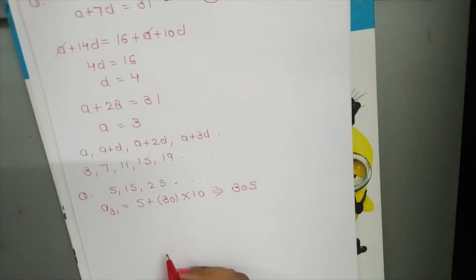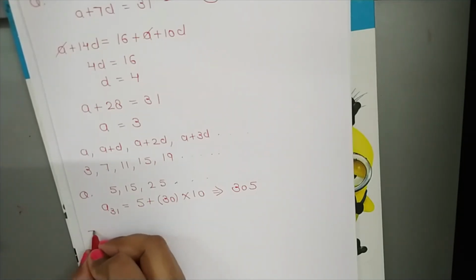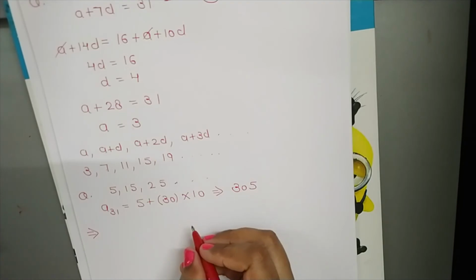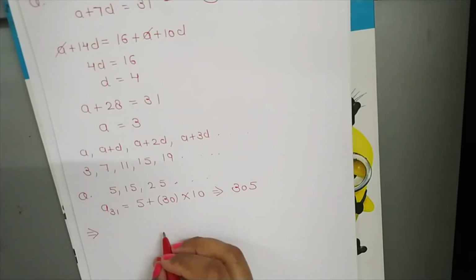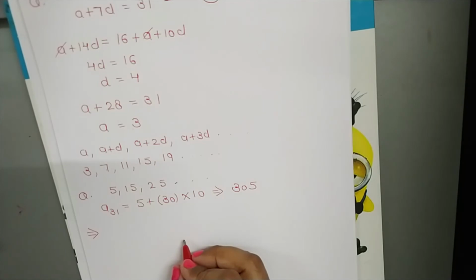Okay, now we have to find the value of n. What the question says is, which term of the arithmetic progression will be 130 more than its 31st term? Okay, so the 31st term is 305.